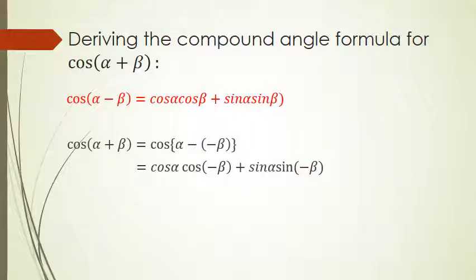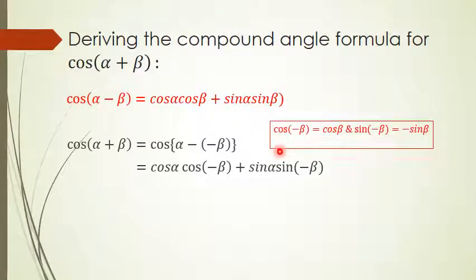Now in order to make progress, we have to remember what we learned in grade 11. We learned that cos minus beta has the same value as cos beta, and sine minus beta has the same value as minus sine beta. So we use these to substitute here to simplify the expression.